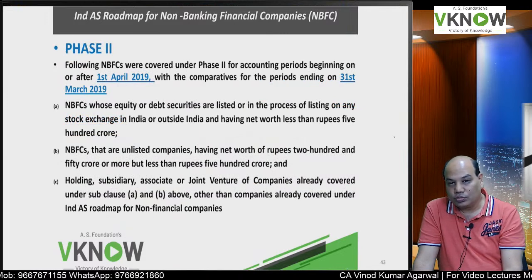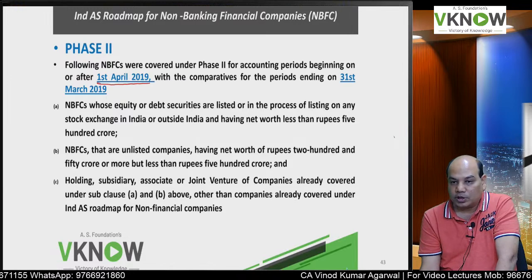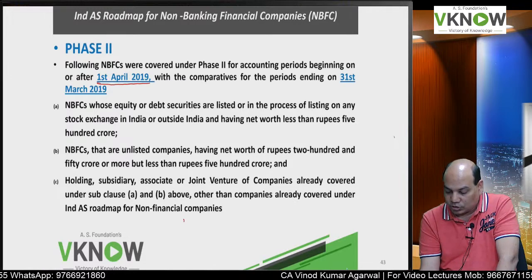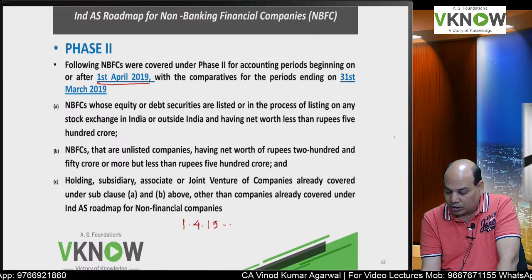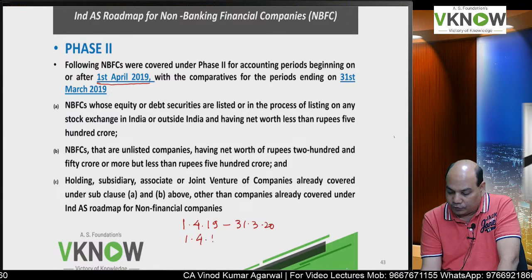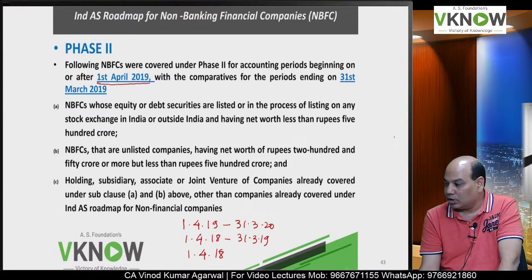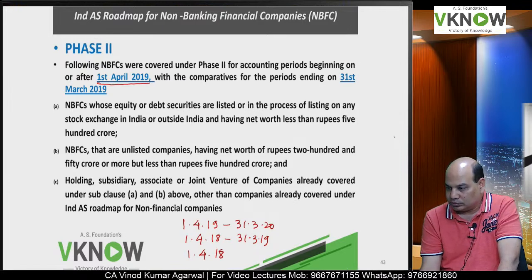But what about phase 2? Phase 2 means accounting years starting on or after 1st April 2019. So this company will have to present financial statements covering the period 1st April 19 to 31st March 20. Comparative will be 1/4/18 to 31st March 19, and one opening balance sheet will be given as on 1/4/18.